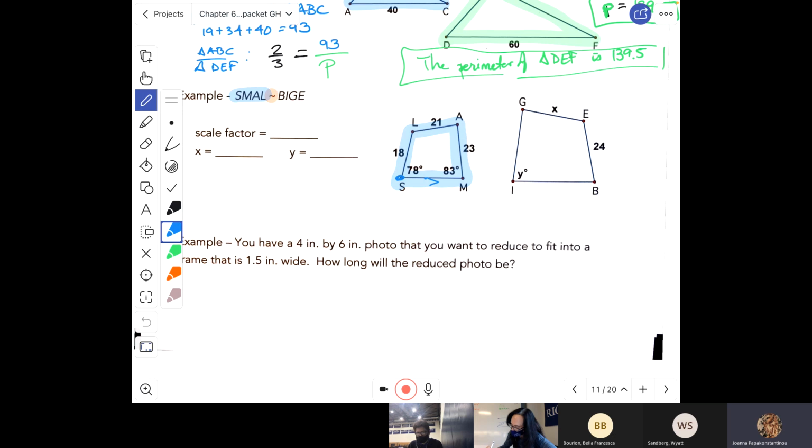So I'm starting here and I'm going this way, right? And that is similar to BIGE. So notice that I'm starting here and I'm going this way.